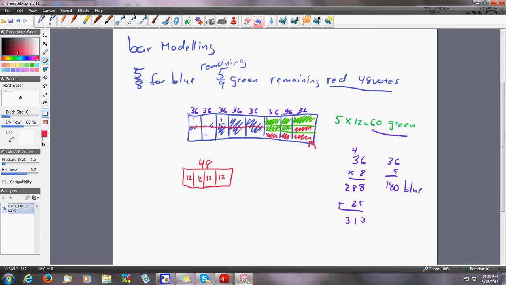Now, if 7/10 were for girls, what that actually means is out of these 7 boxes, I need to make sure that I know that they belong to the girls. So I'm going to put in a G for girls on 7 of them.